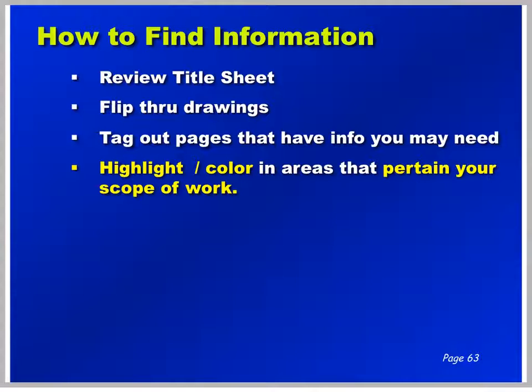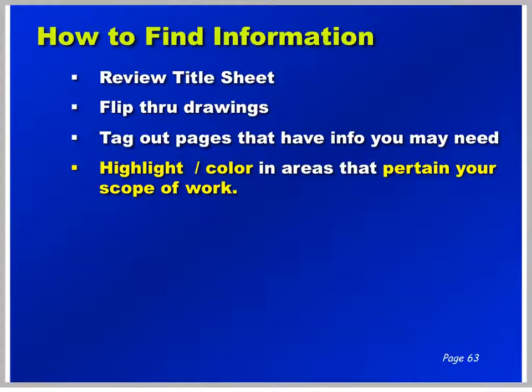The next thing I do is I tag out key pages that have information on them, like schedules and beam schedules, or a particular first floor plan that I'll know the second, third, and fourth floor plan levels might be right behind it. And of course, the last thing that I do is I begin to highlight or color up the drawings based on the type of work that it might be.